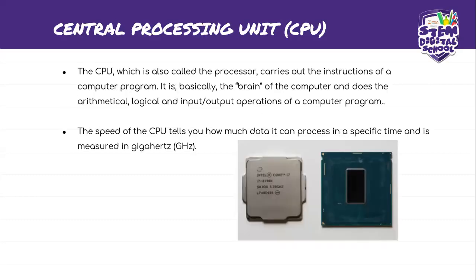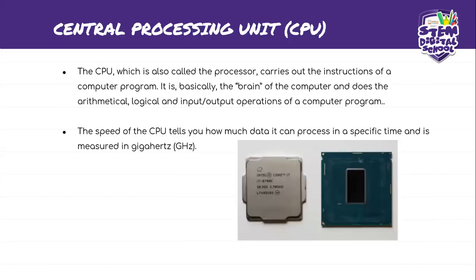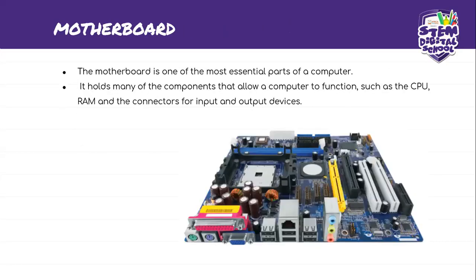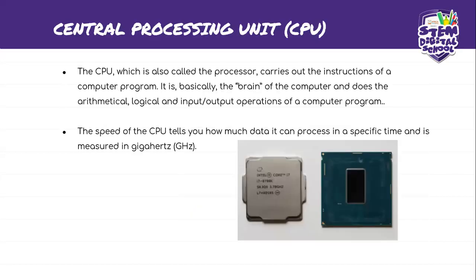Right, so we have a central processing unit. Can you see the picture of a central processing unit? All right, so a central processing unit, which is also called the processor, carries out instructions of a computer program.